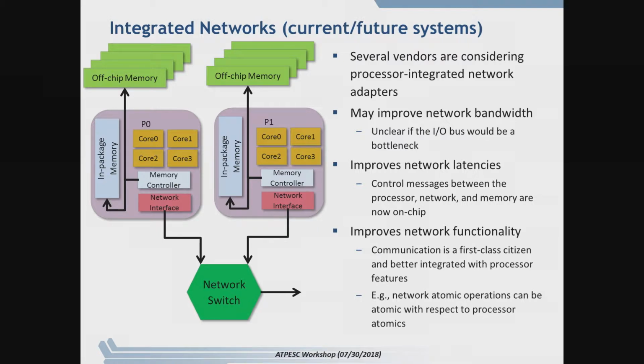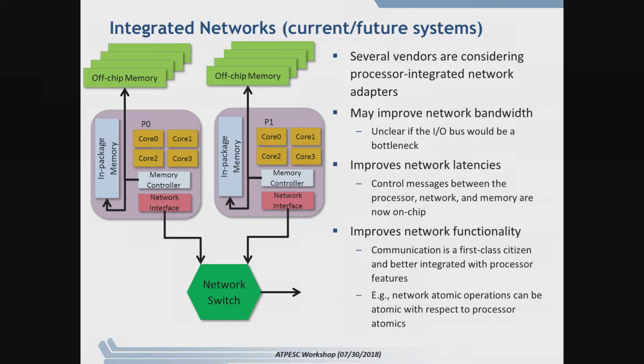Specifically, one example is that there are atomic operations supported by the network hardware, and there are atomic operations supported by the CPU hardware. But these atomic operations are not atomic with respect to each other. So if a CPU atomic happens at some point in memory, and then you want the network to operate on the same location in memory, you can't predict what's happening.